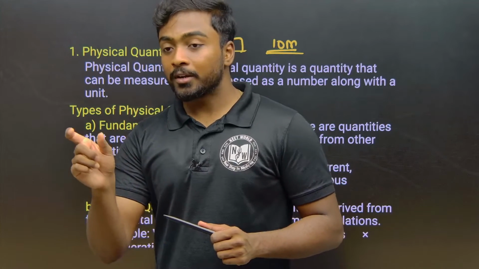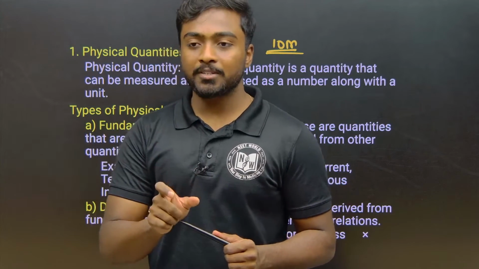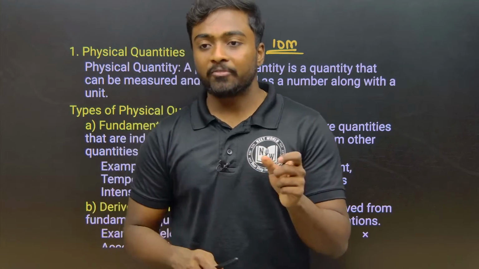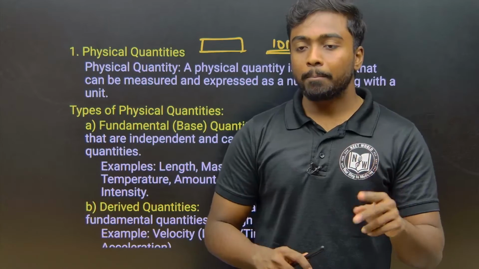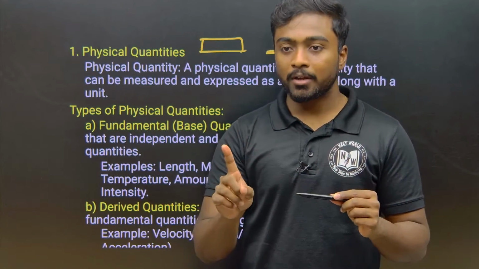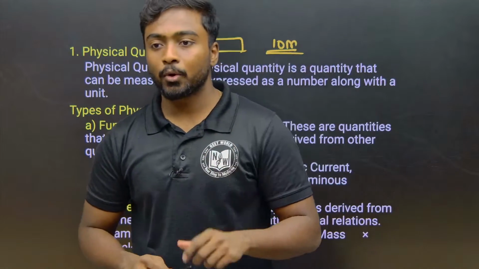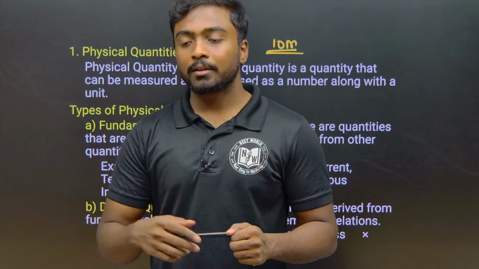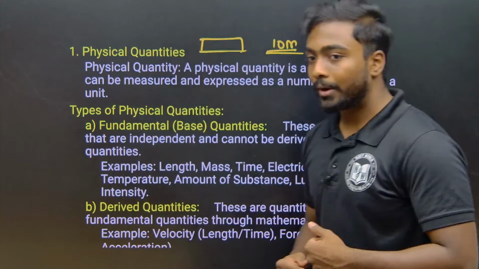So displacement is measured by length, time is measured by seconds. So 2 units are there, right? So velocity depends on 2 units, but when I measure a scale, it depends on only 1 unit. When a single unit is there, those are fundamental units. When I take more than 2 units, it is a derived quantity, we will say.